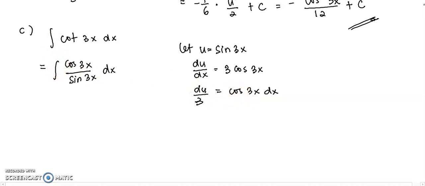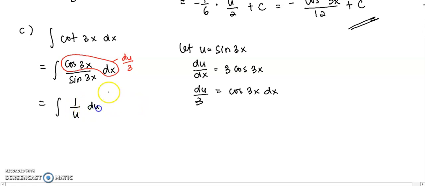Meaning that cos 3x dx, which appears in my function here, I can substitute as du over 3. Then 1 over sine 3x can be written as 1 over u. Finally, I have 1 over u du, and the 1 over 3 I bring out as a coefficient.